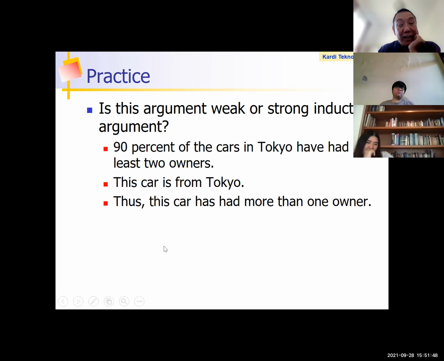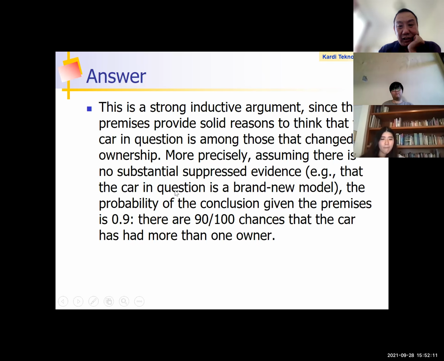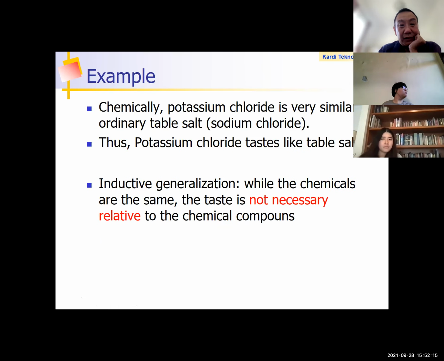So probably in the exam I will ask, is this inductive or deductive? So it's clearly inductive, right? You just read this, okay? So 90%. How about this? This is a little bit difficult.